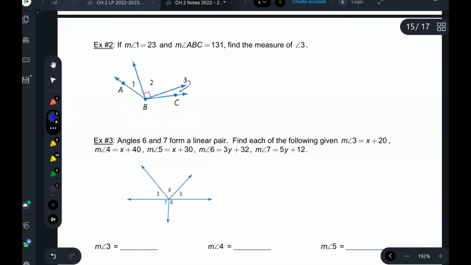Okay, let's do some applications of angle addition. So not proofs. Applications, meaning we're just solving for an angle measure. What do we know? We know measure of angle 1 is 23, and ABC, so ABC is the whole thing here, is 131 degrees.